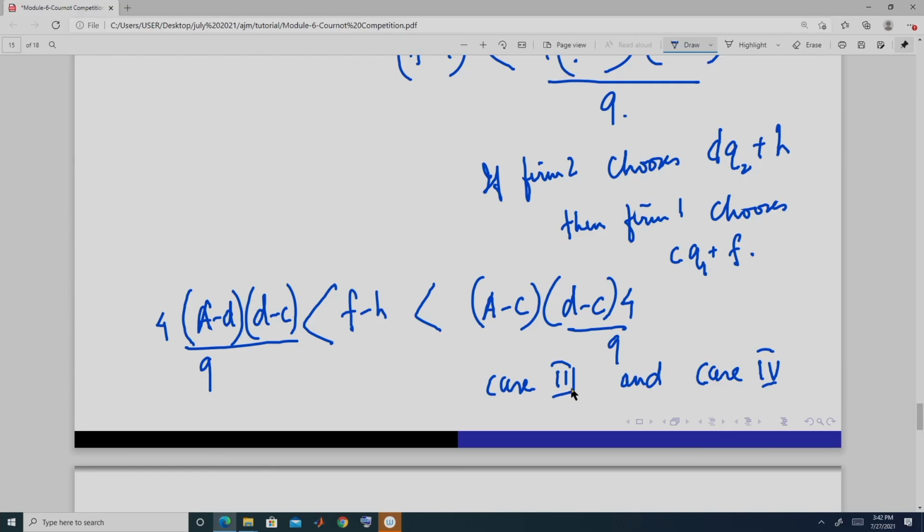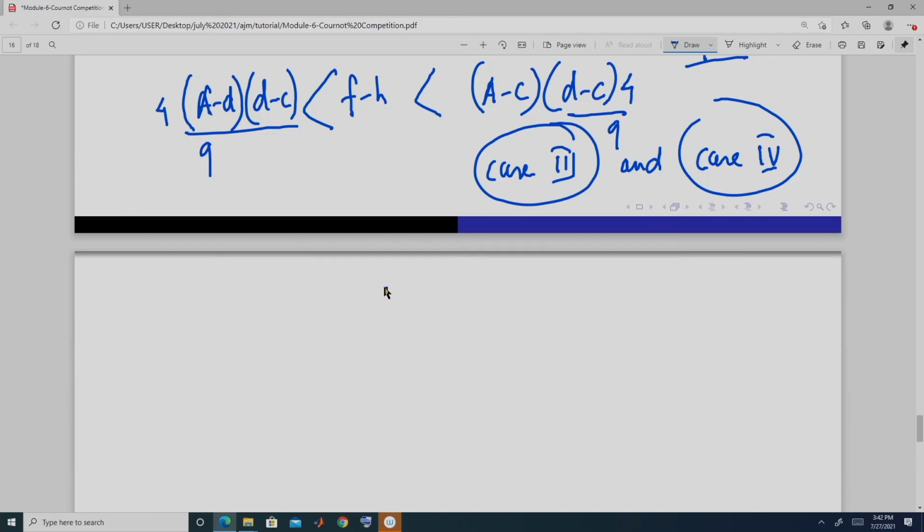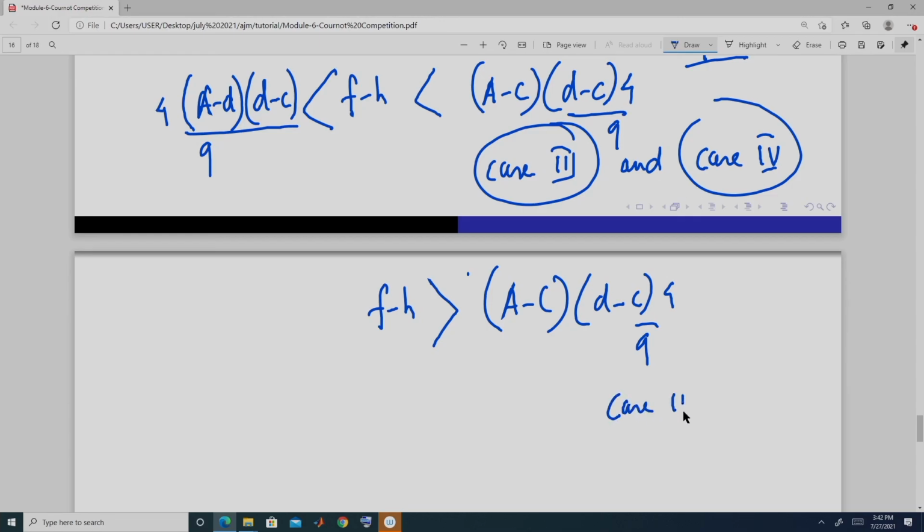Either firm 1 chooses this cost function and firm 2 chooses this cost function, or firm 1 chooses this cost function and firm 2 chooses this cost function. And if this is greater than this, then we have case 2.